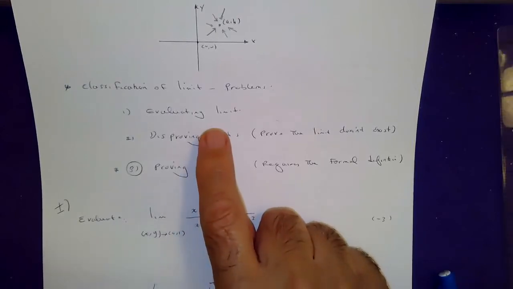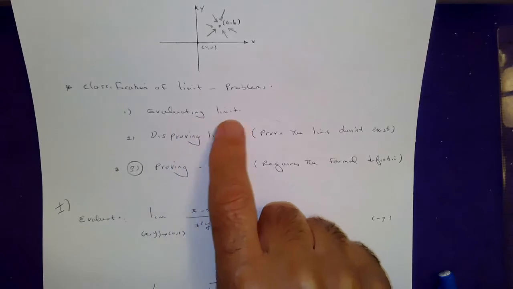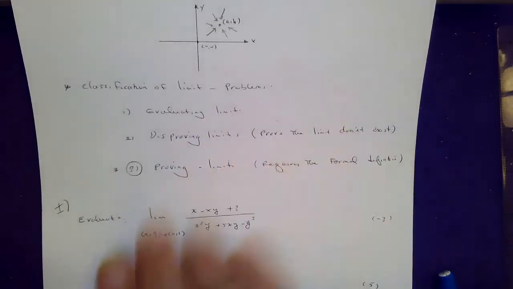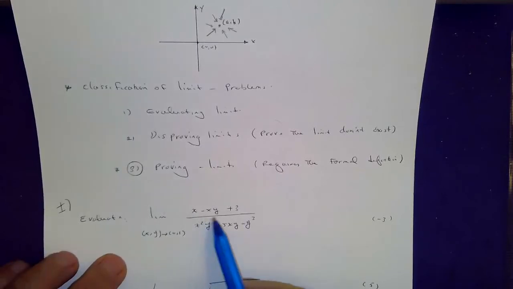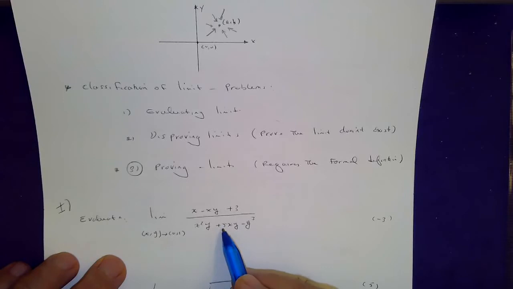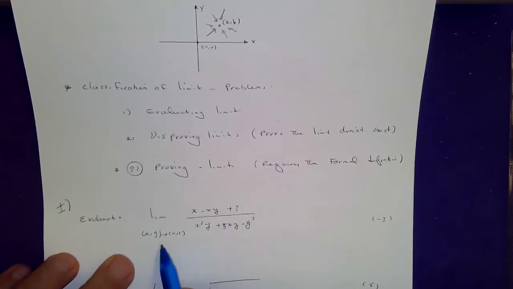Let's do part A. Let's do classification of type 1, where you can straight evaluate. In this case, we have the limit of x minus x y plus 3 over x squared y plus 5 times x y minus y cubed, when x y gets close to 0, 1.